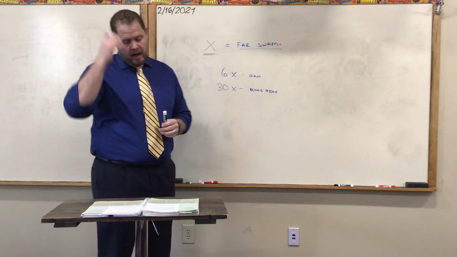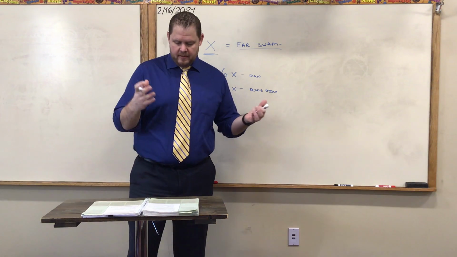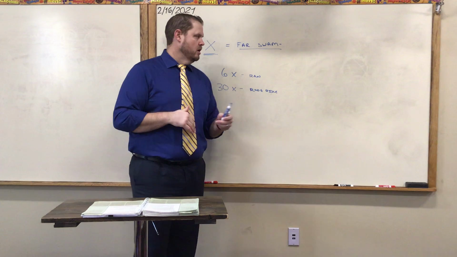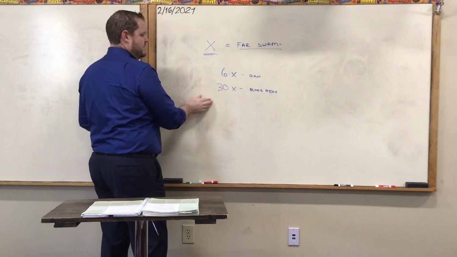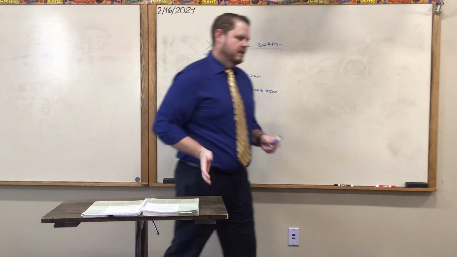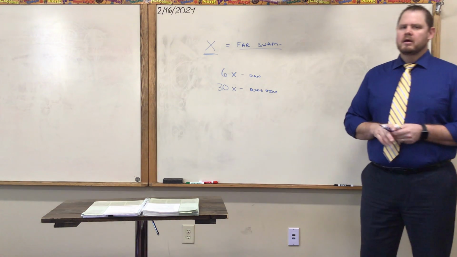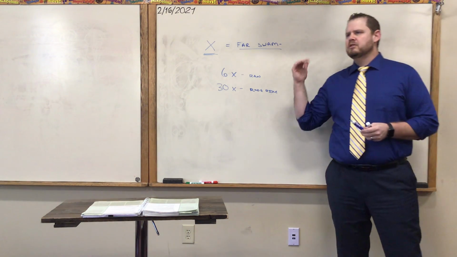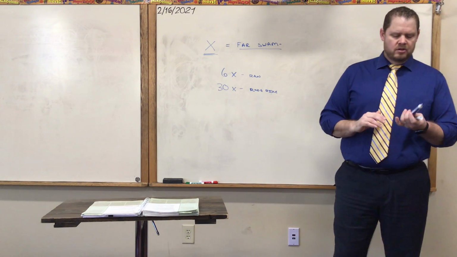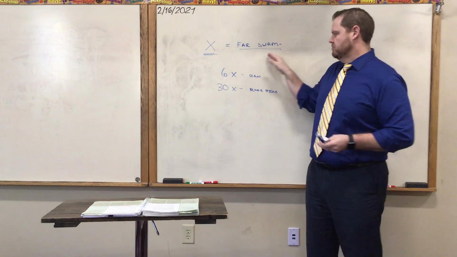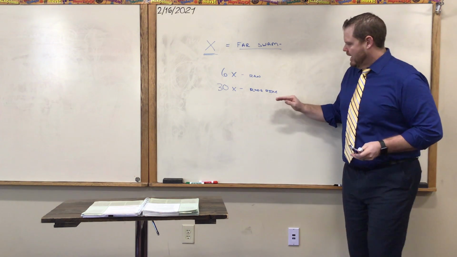So now, what it says in the end is, if he covered 37 miles. So all 3 of these together is 37 miles. So how would I solve this? Carter, can you answer that for me? How is he going to solve for this? He's going to add them together. So he's going to add his swimming with his running and his biking.